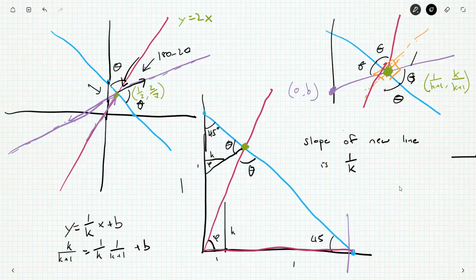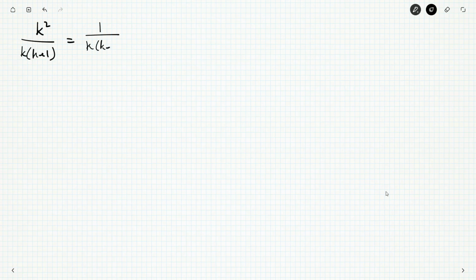And I can rearrange. I'll flip over to the next page so my calculations aren't so small. So I'll change it to k squared over k times k plus 1 is equal to 1 over k times k plus 1 plus b.